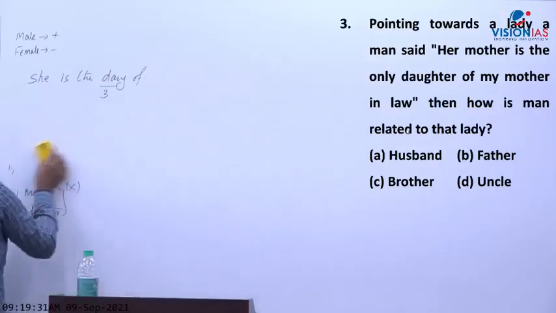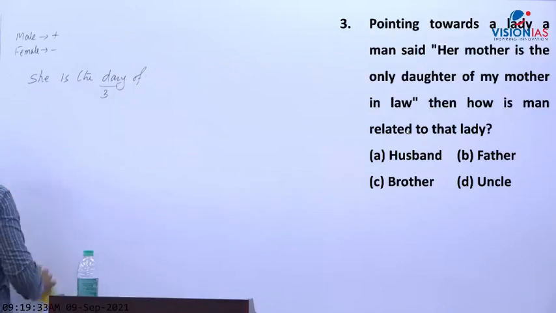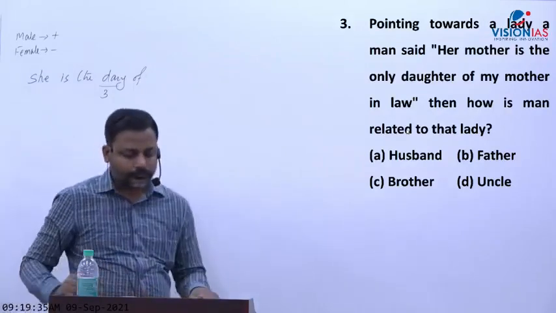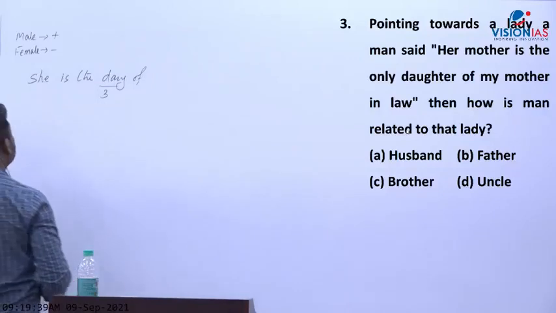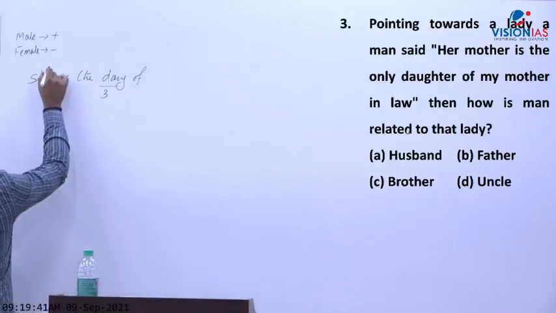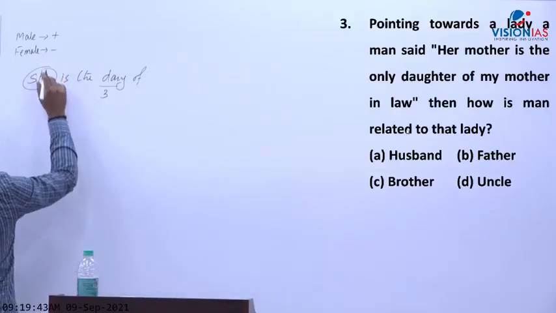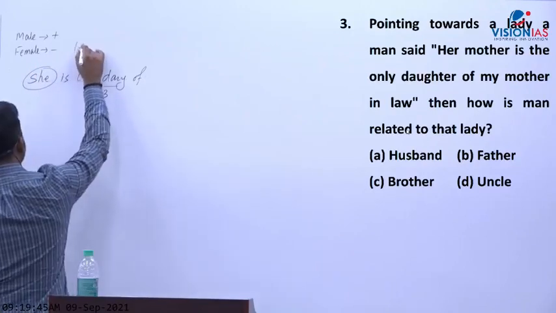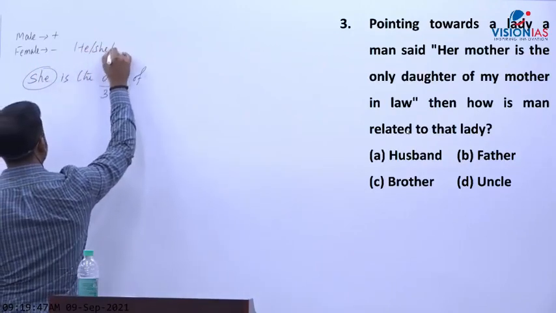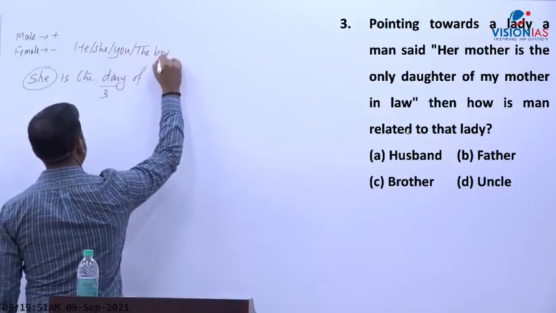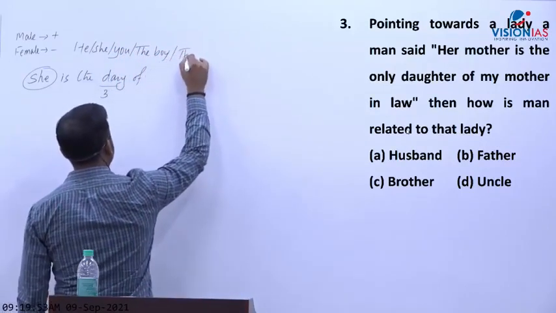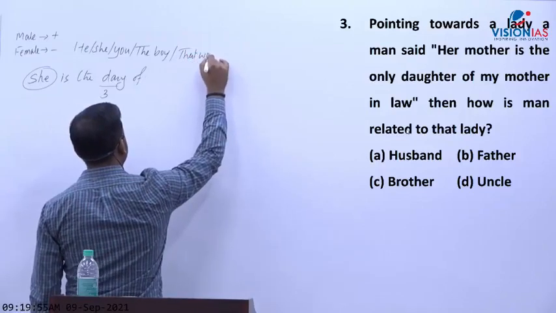See, till now, in the previous questions, the explanation starts from terms like he, she, you, or the boy, the girl, the man, the woman, that boy, that girl, that man, that woman.